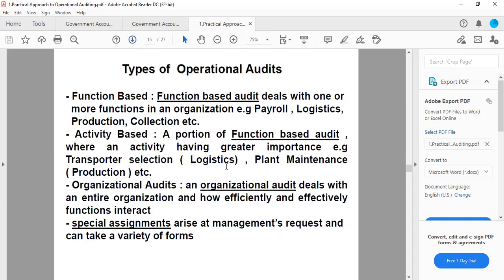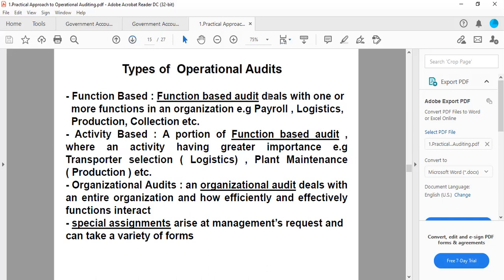Next, here are the types of operational audits that we can do to provide to our clients. So this could be function-based, in which a function-based audit deals with one or more functions in an organization.